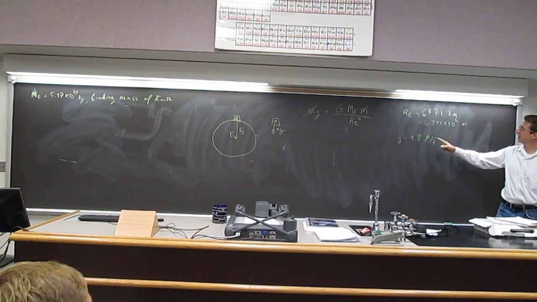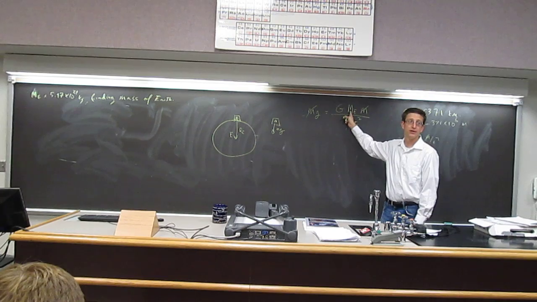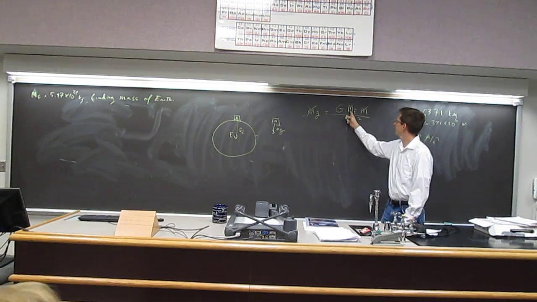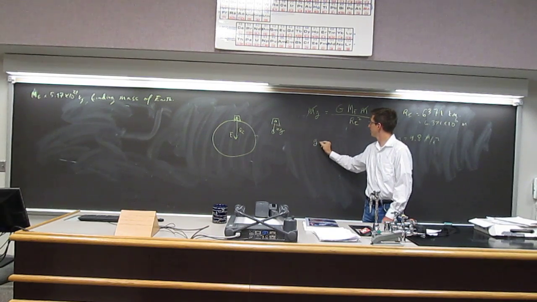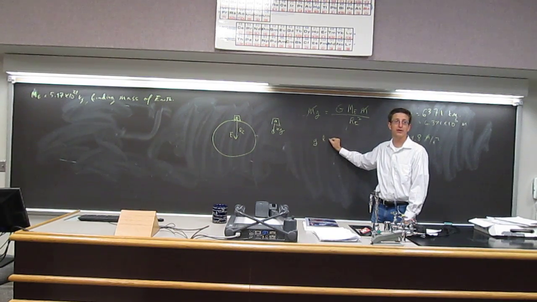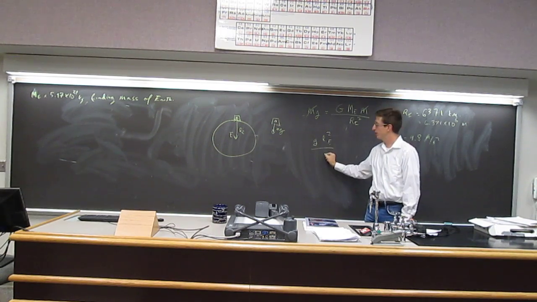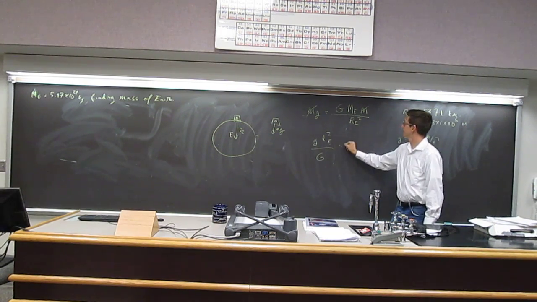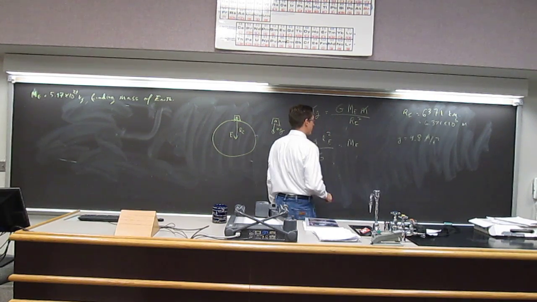So let's substitute this into here and see if we can solve for this. Actually, let's solve for the mass first. What should we do? g times the radius of the Earth squared, divided by big G, is equal to the mass of the Earth. All right, we know everything.